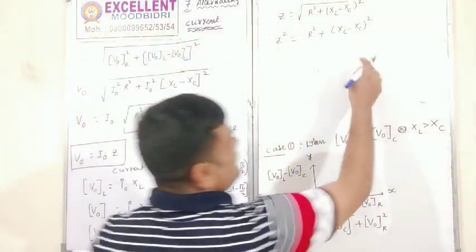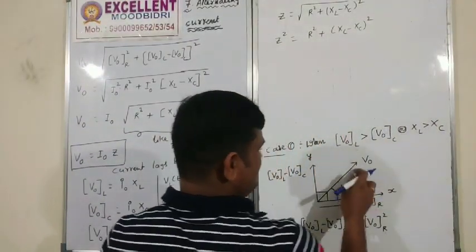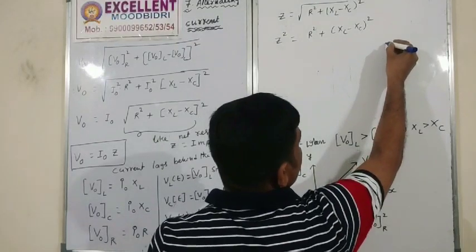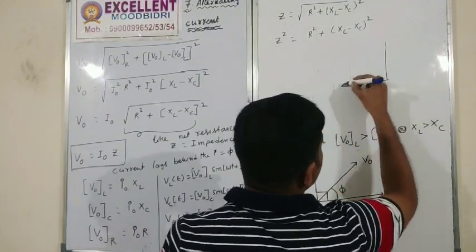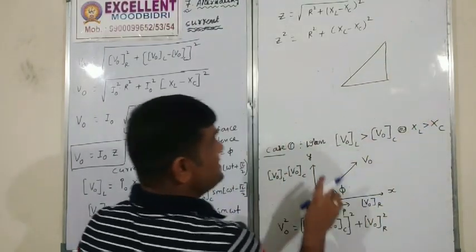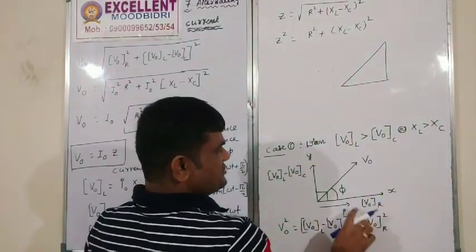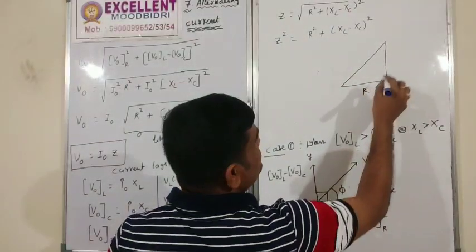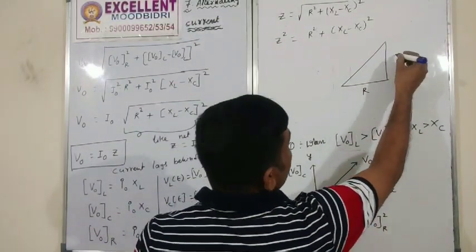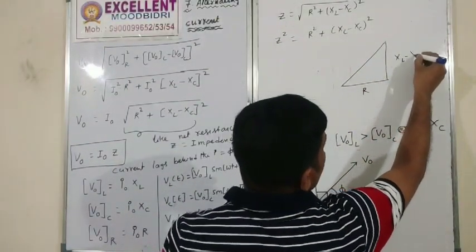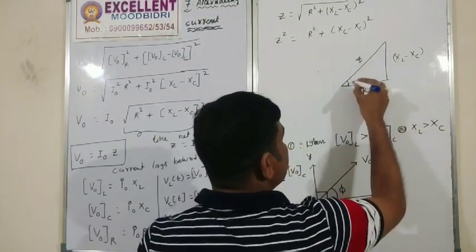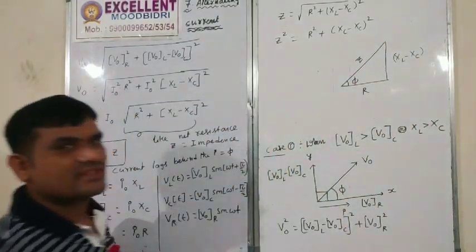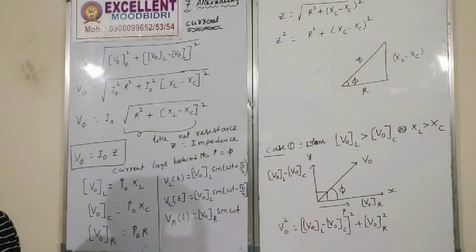So I can draw the diagram here. This is the y-axis and x-axis. This is the resultant. This is R only. This is XL minus XC. This is the Z, and this is the phi. This is the vector.